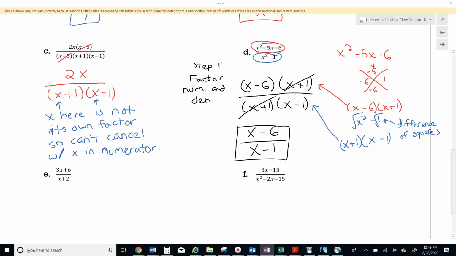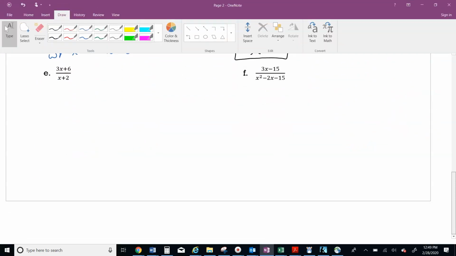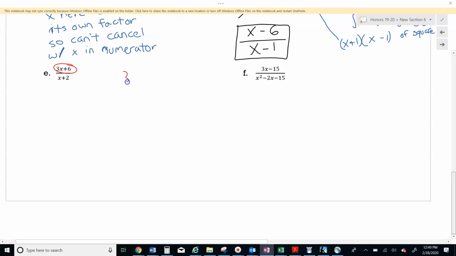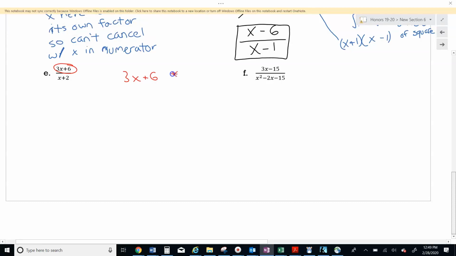Okay, looking at letter E. This isn't a quadratic, so I can't factor it, but I do need to look for a GCF. Both of these have a 3 in them. So I'm going to move that 3 out front, and I'm left with x plus 2.